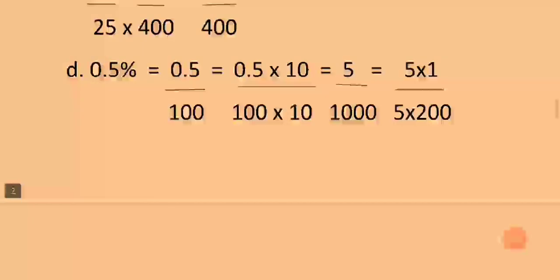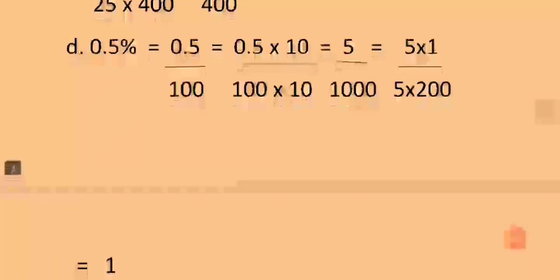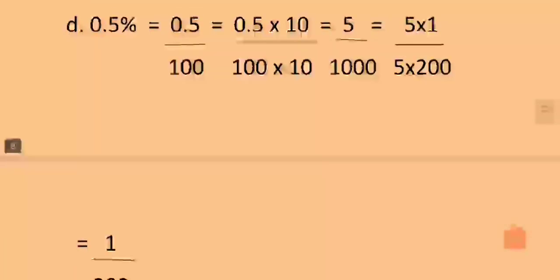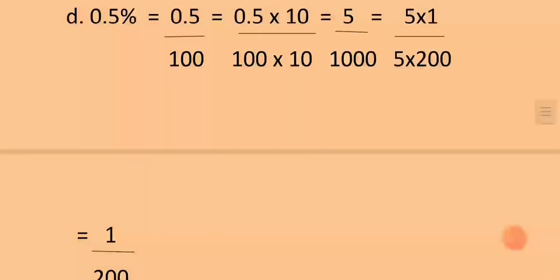1D, we have 0.5%, which means 0.5 over 100. 0.5 is also a decimal, so we have to take that numerator to a whole number. At the back of that decimal point, we have just one digit, which is 5.